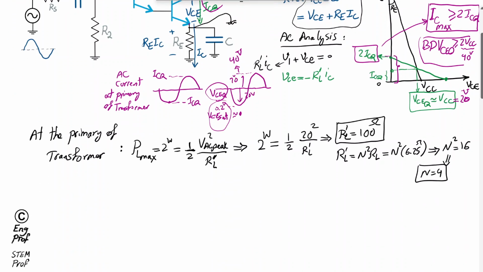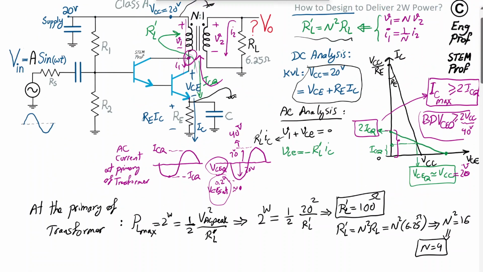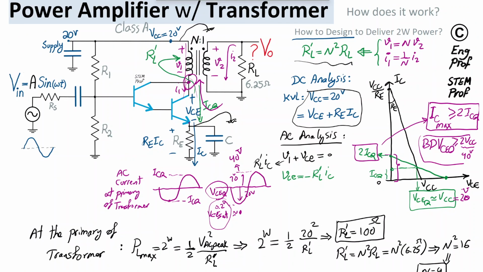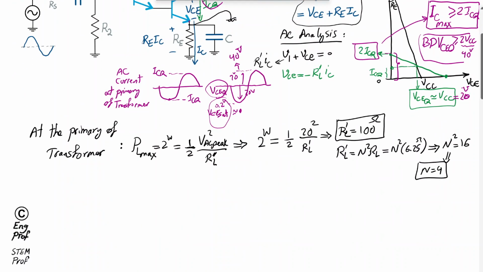Now, the next step is, of course, finding the peak of the current, which is ICQ. For the primary of this transformer, there is a simple relationship between the voltage peak of AC and the current using Ohm's law: VAC peak equals R prime L times IAC peak.